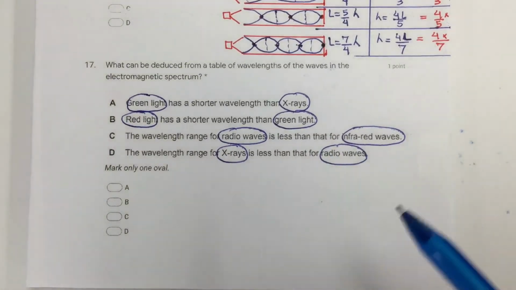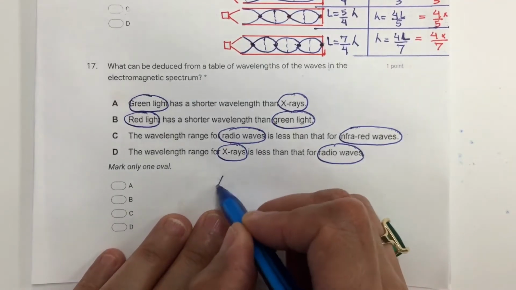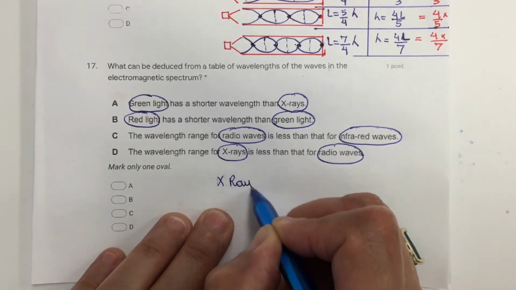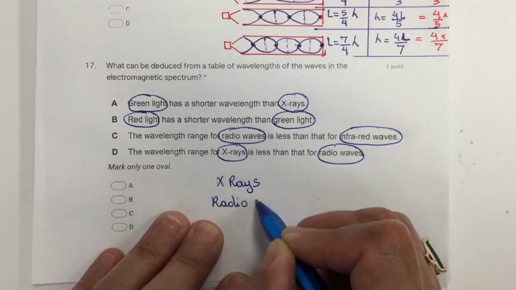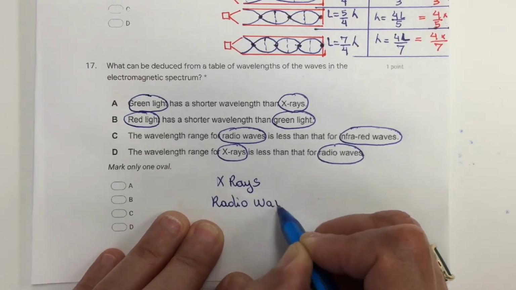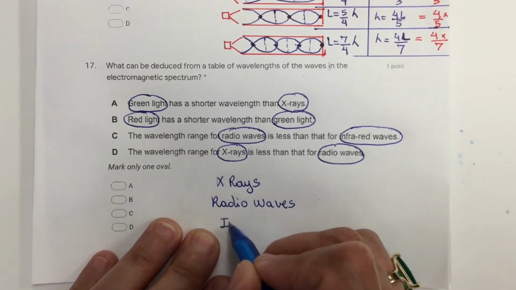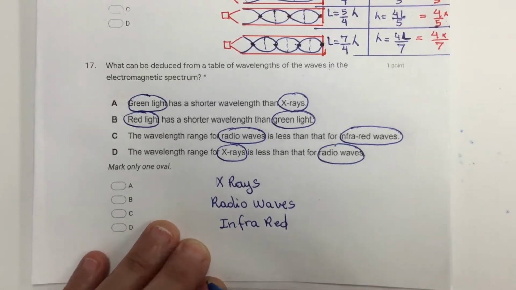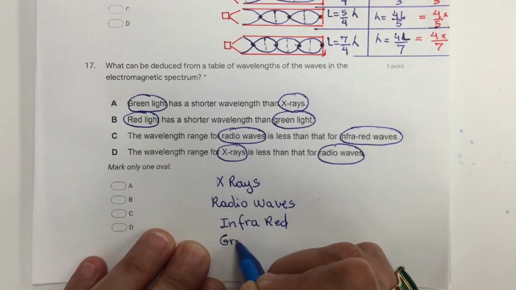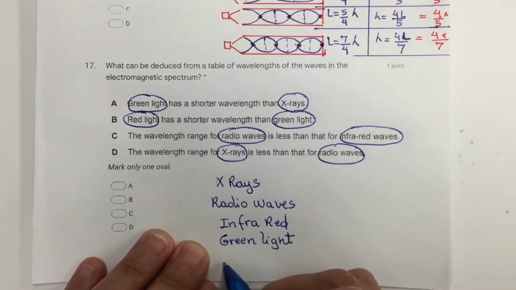So pretty much we have a repetition here. We have X-rays, radio waves, infrared, green light, and red light.